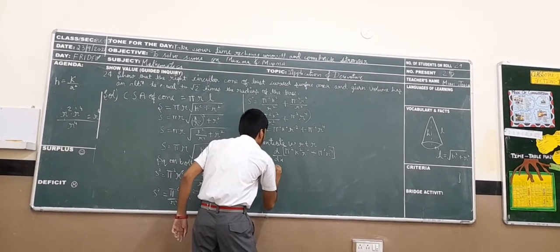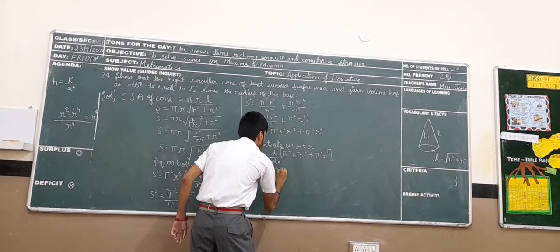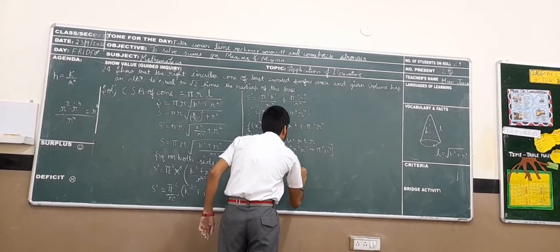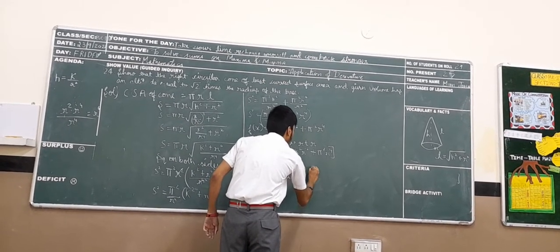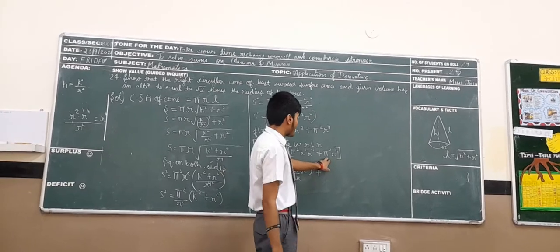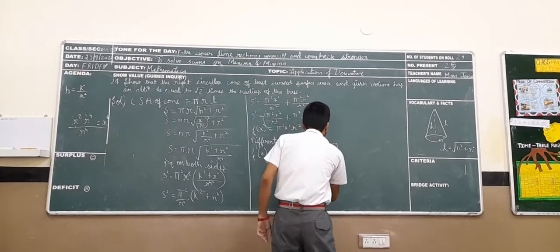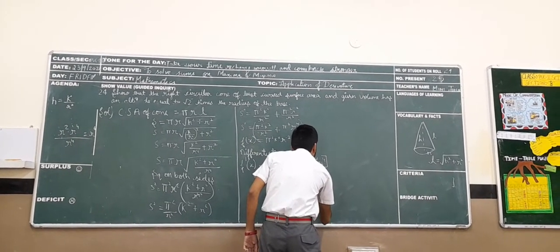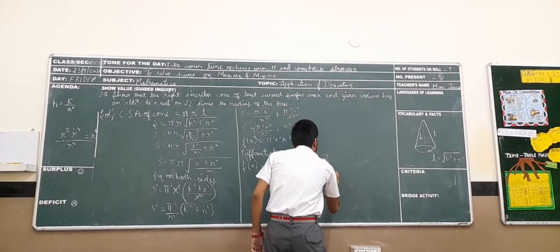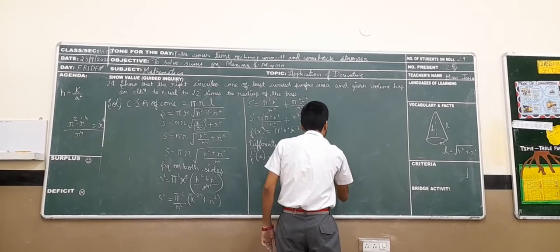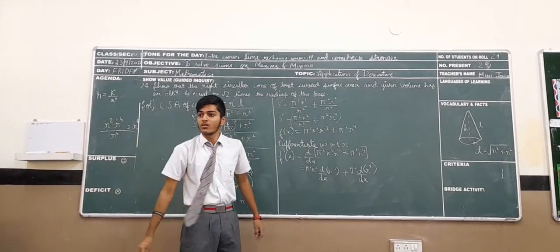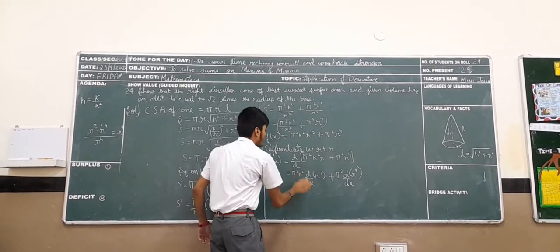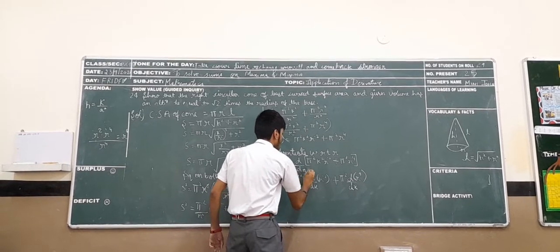It will be pi square into k square d by dx of r to the power minus 2 plus, here also pi square is a constant, it will also come out. It will be pi square d by dx of r to the power 4. Sorry, it will be d by dr, we are differentiating with respect to r.